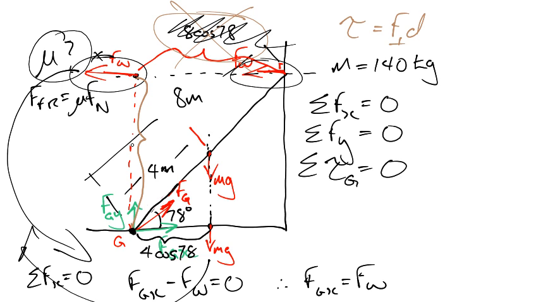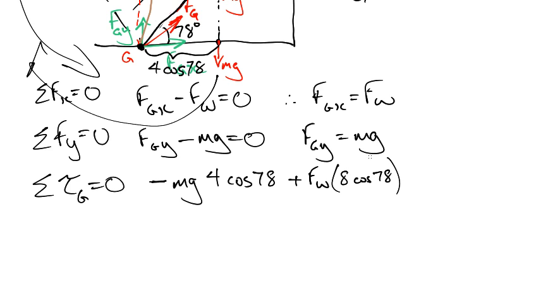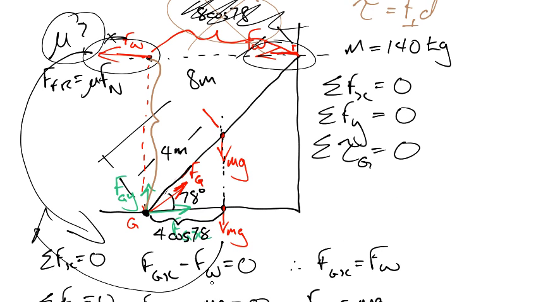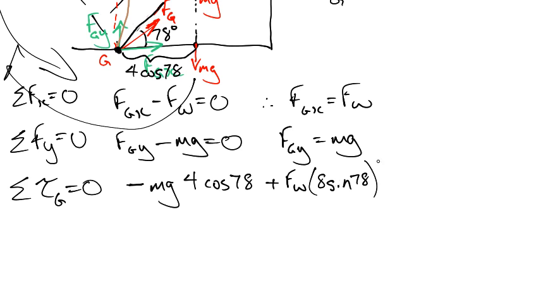It's the distance from here to here, which is in fact 8 times sine 78. Thanks for that. That's correct. Okay, so let's fix this here. That would be a sine. Now, let's go ahead and multiply this out. And that's going to all equal 0.